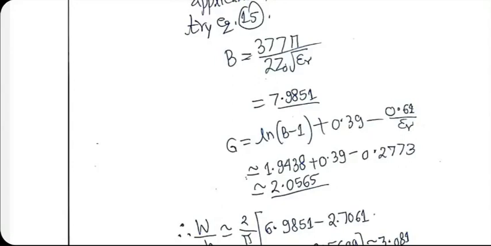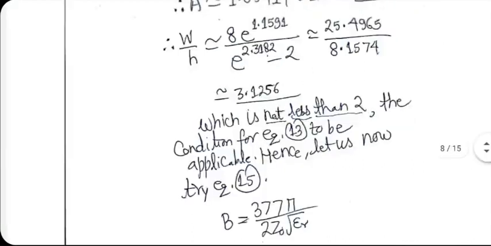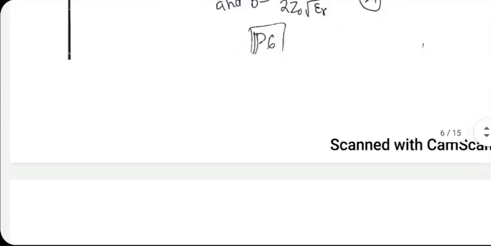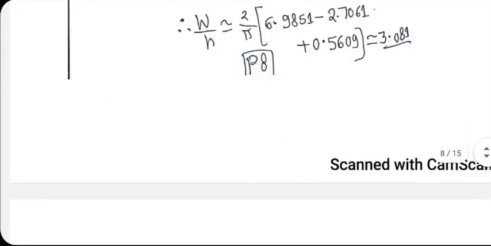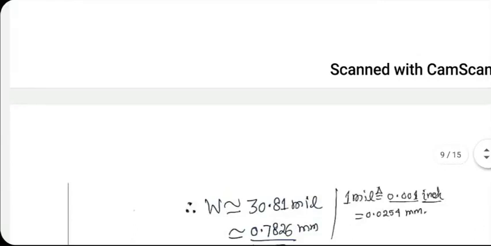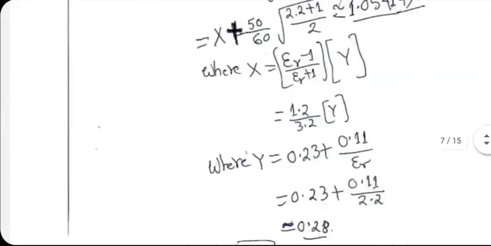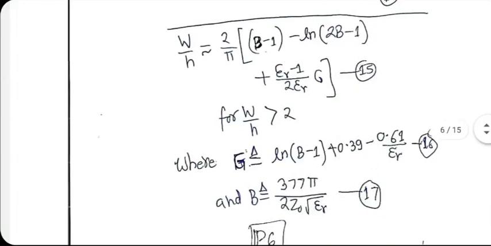It turns out to be 2.0565. We substitute all these values in the formula for W by H, which is equation 15. Let's see what we get for W by H. Hopefully it will meet the condition for the applicability of that equation. We get W by H almost 3.089, which is actually meeting the requirement W by H greater than 2 for equation 15. So we use now the correct equation.